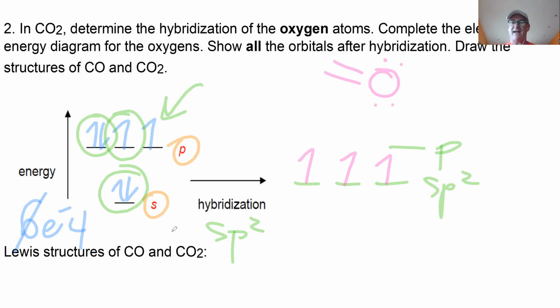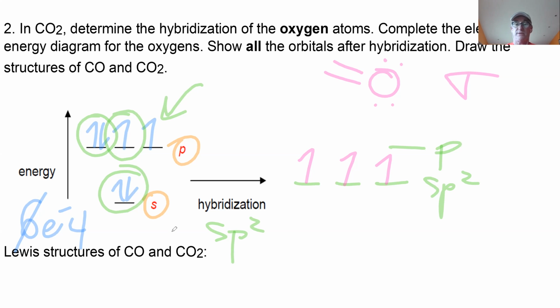How many sigma bonds is oxygen going to make? 1. So one of these sp2s has to stay with just 1 electron in it. Yeah, so one of them has to stay basically with 1 electron.